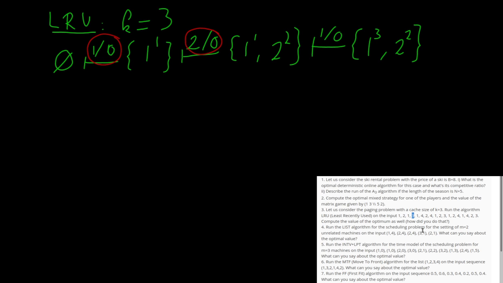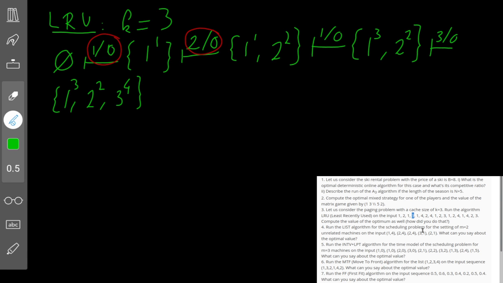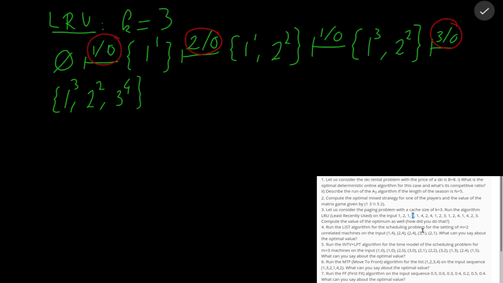Now 3 is not in the cache, but I still have space remaining, which means that currently I will have these 2 untouched, and the 3 which came as the 4th request. Of course this operation costs me because 3 was not in the cache previously.